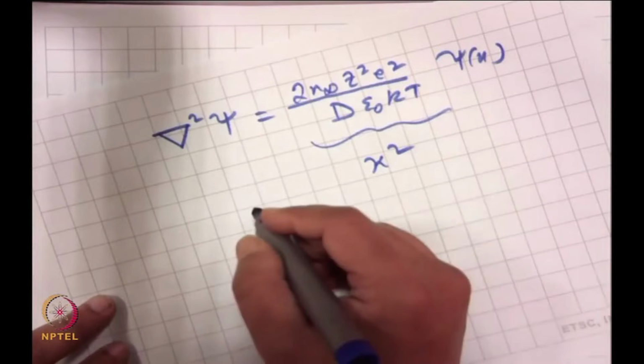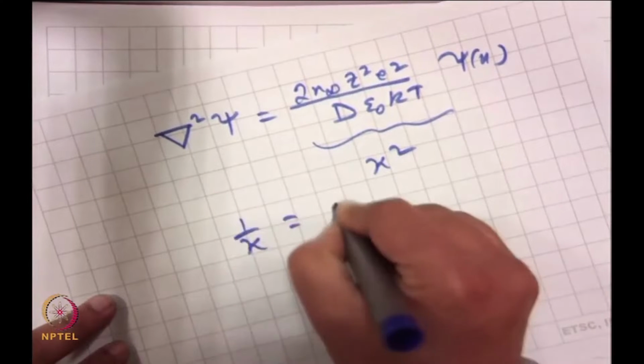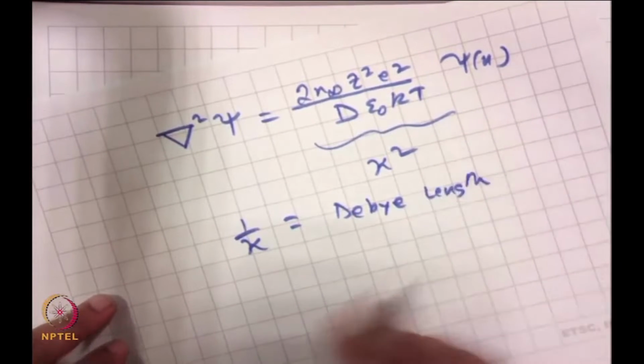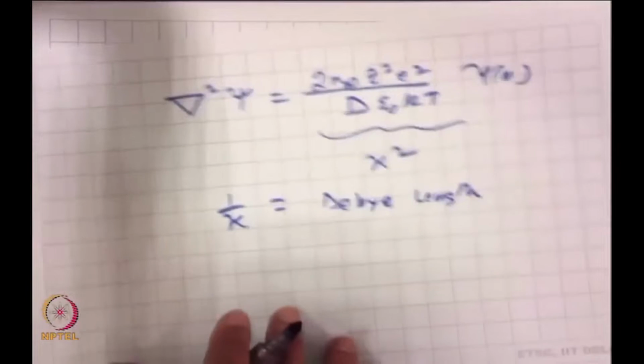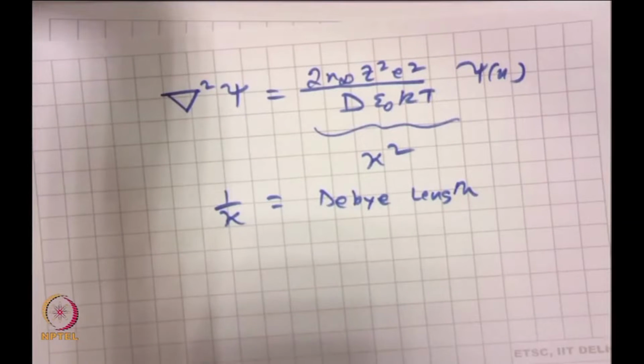But the most important concept underlying this is, is it kappa or 1 by kappa? We define 1 by kappa, which is your d by length. At this length, your ion would still feel the charge of your plate, or the influence of the charge.